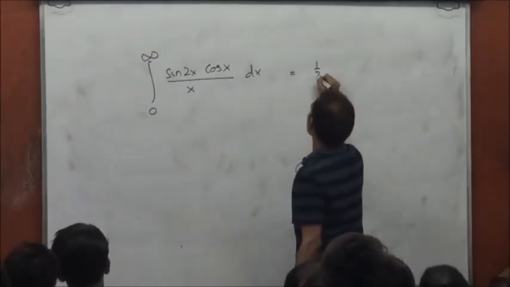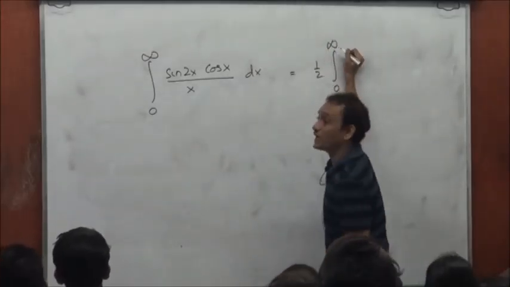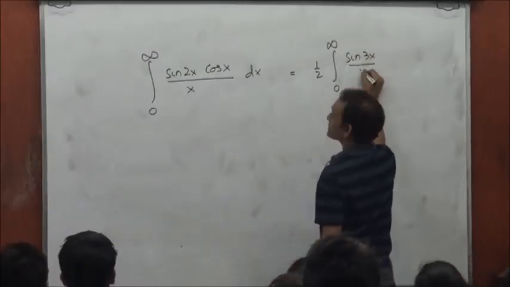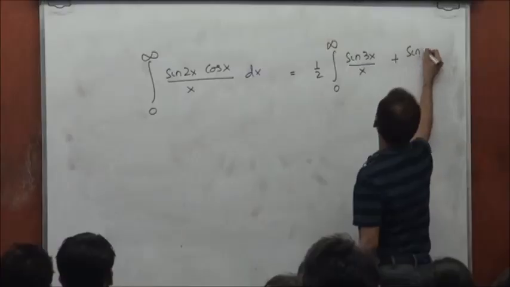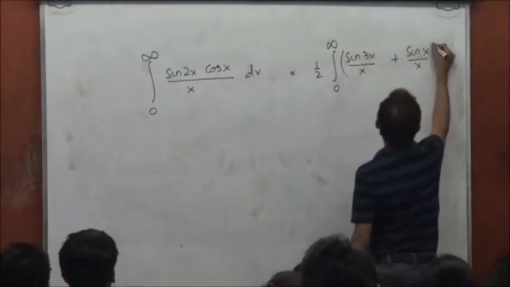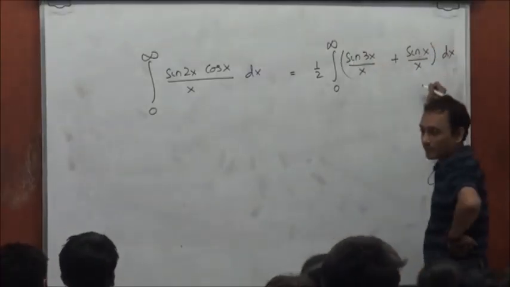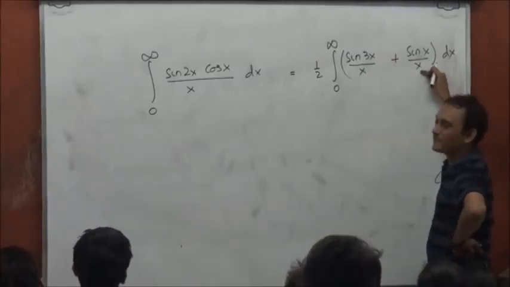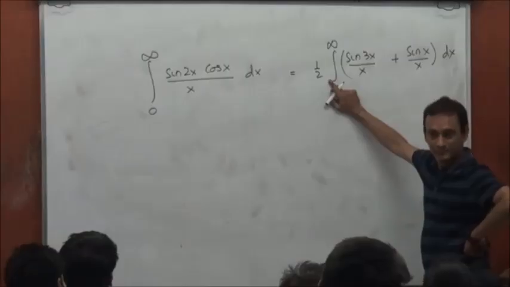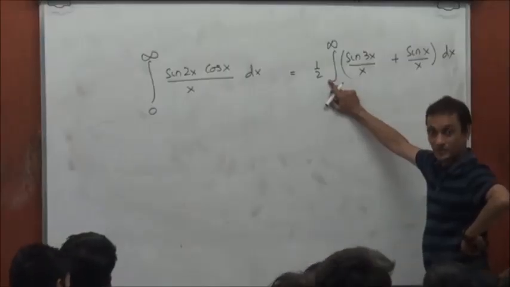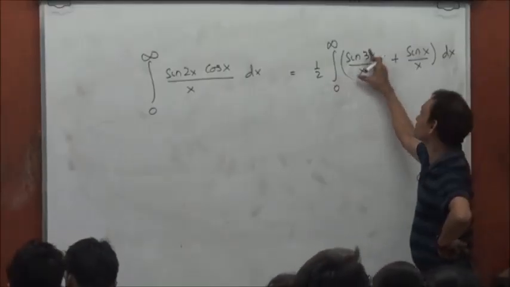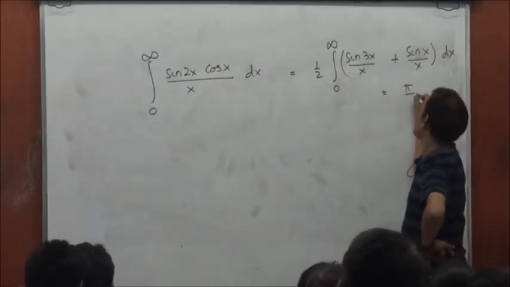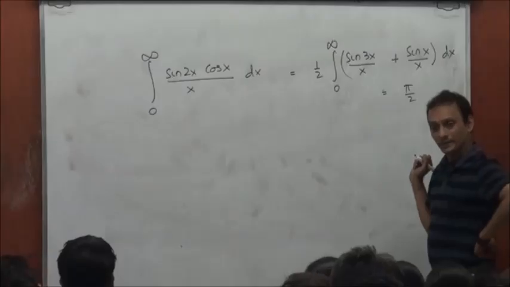This could be written as half the integral from 0 to infinity of sine a plus b plus sine a minus b, that is sine 3x by x plus sine x by x. Each sine beta x by x from 0 to infinity gives pi by 2, so pi by 2 plus pi by 2, with the half, this will be pi by 2. Got me? Because this will be pi by 2, this will be pi by 2. So pi by 2. Got me?